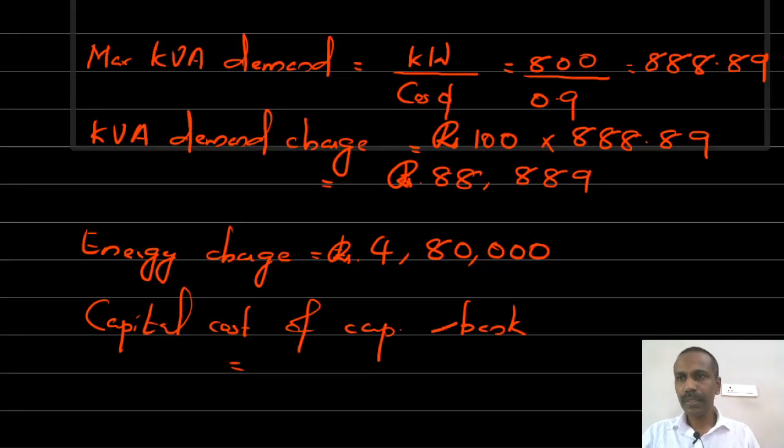The cost of capacitor bank is equal to rupees 60 into, what is the kVAr rating? 212.56. 60 rupees per kVAr into kVAr rating. This is the cost of capacitor bank. It is equal to 12,753 rupees.